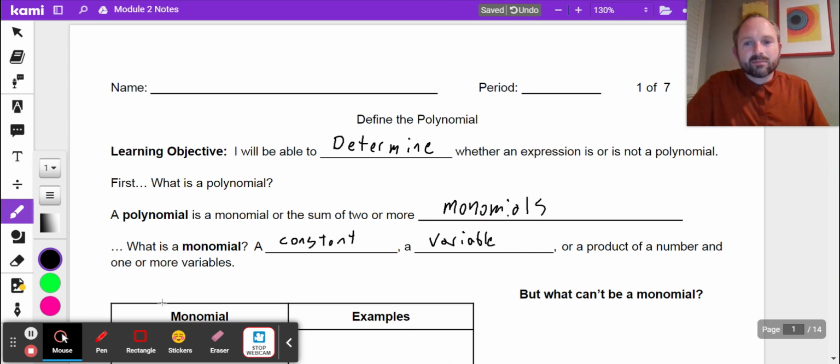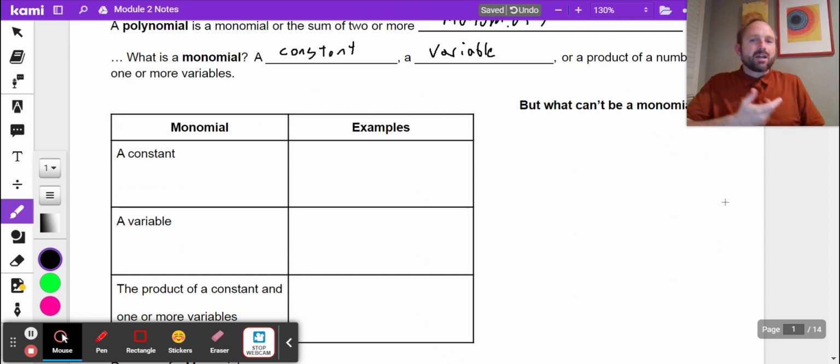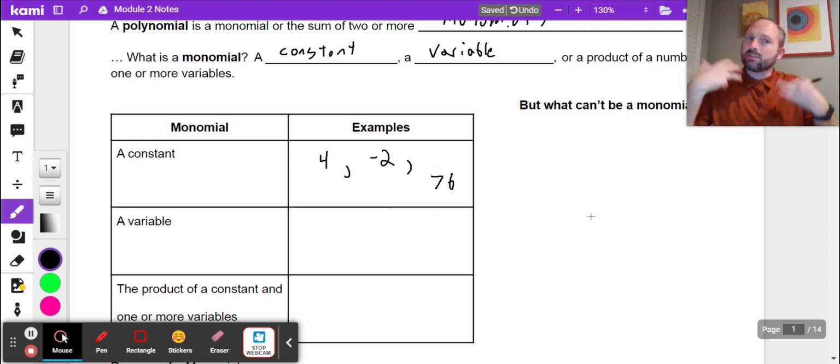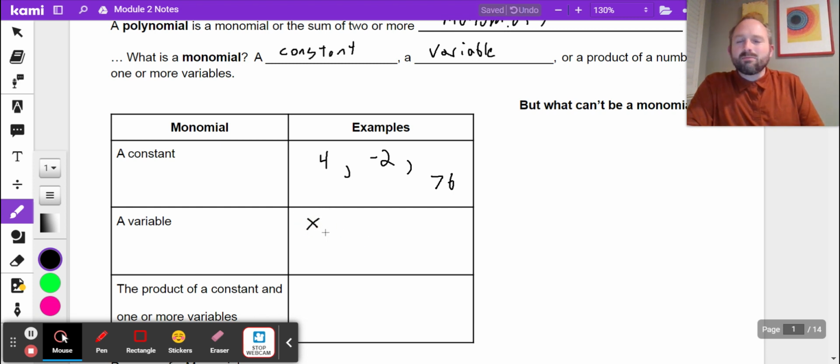So let's show you. A monomial could be a constant like 4 or -2 or 76. Those are all numbers. They're called constants. A variable can be like x. We don't know what it is, but it's equal to something.